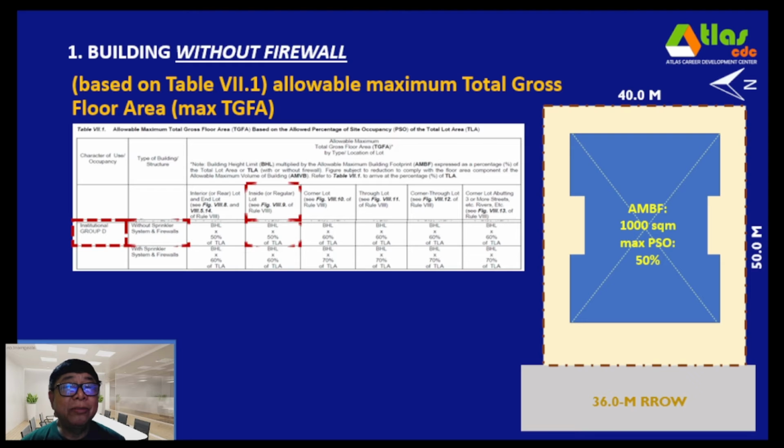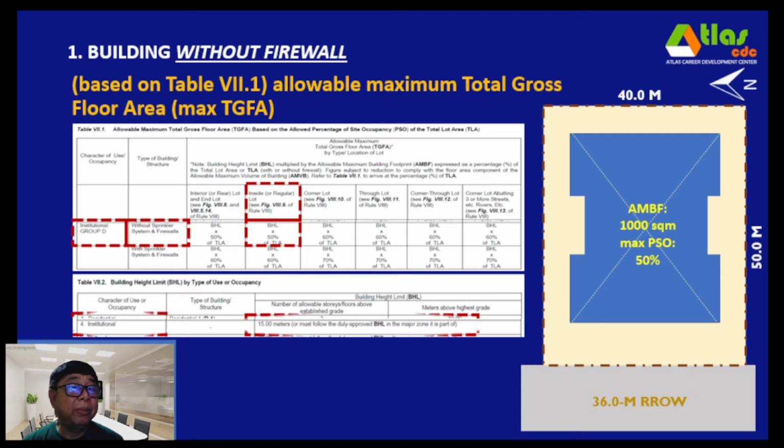Table 7.1 shows for institutional inside lot is BHL times 50% of the TLA. So what will be the BHL? We have to go to the BHL table. Accordingly, Table 7.2, the BHL table, shows that institutional here is 15 meters or must follow the duly approved BHL in the major zone it is part of.